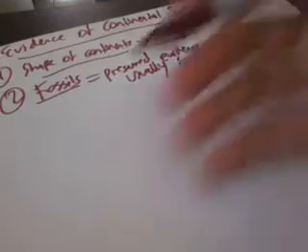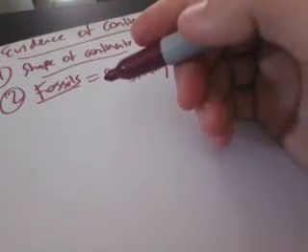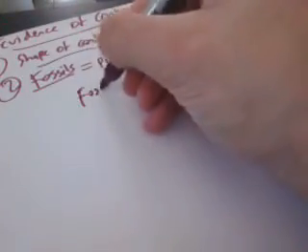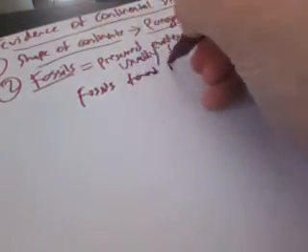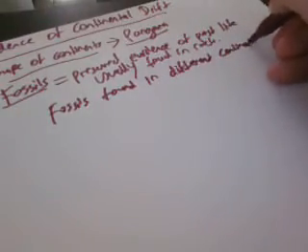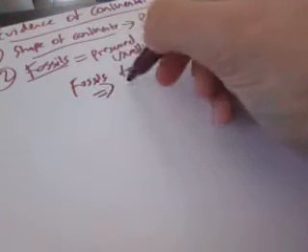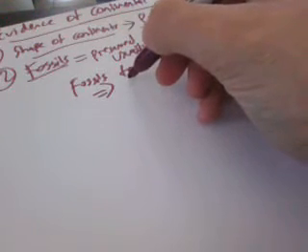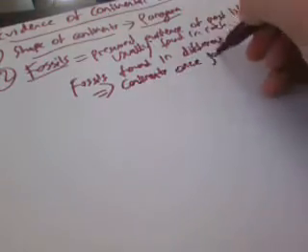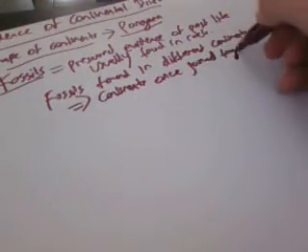They were taken around the world when the continents split and drifted apart. So fossils found in different continents implies that continents once joined together. That's number two.